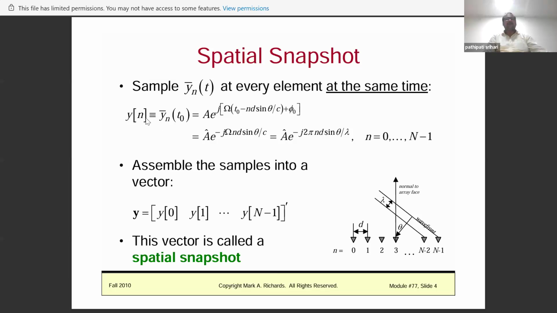Because my y of n is taken at a specific instant of time, but across various elements, the zeroth element, first element, and up to the n minus 1 element. The values of y at those elements are taken into a vector form, and that vector is a column vector. So this is known as a spatial snapshot.